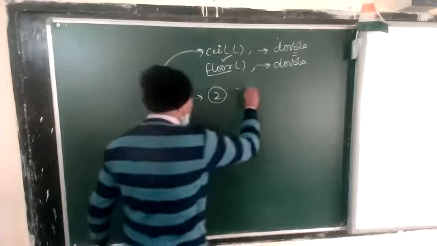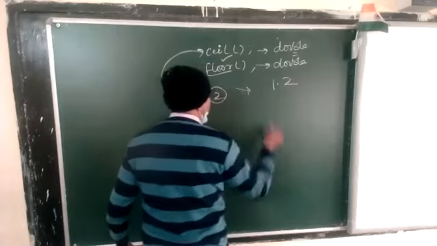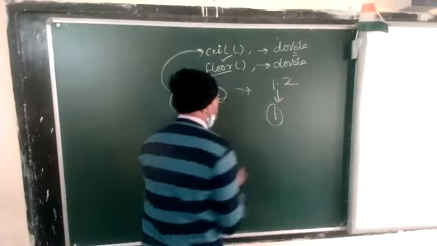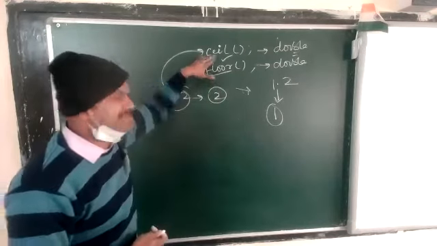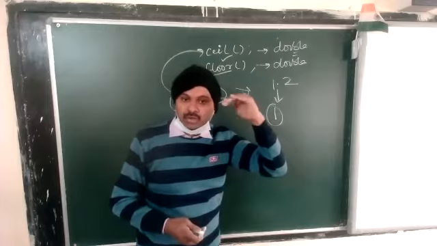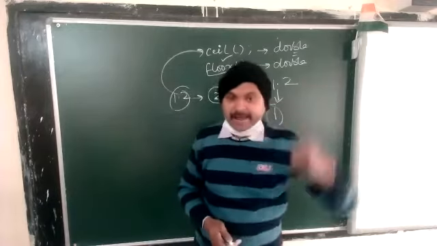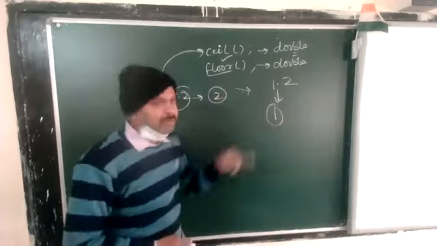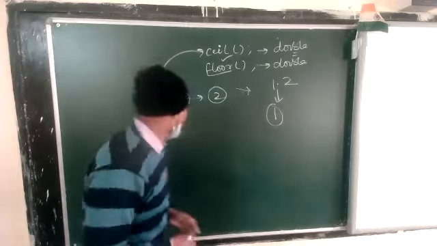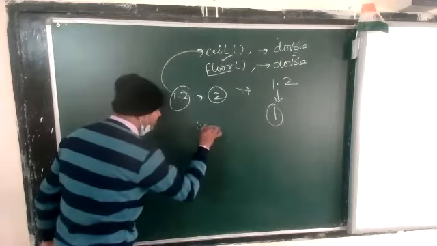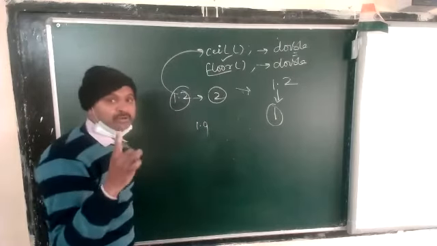For example, if it is given 1.2, with floor it will become 1. So this is the use of ceil. Ceil means the value will go to the nearest round up, and floor means the value will go to the nearest down. If it is given a whole number like 1, nothing will change.